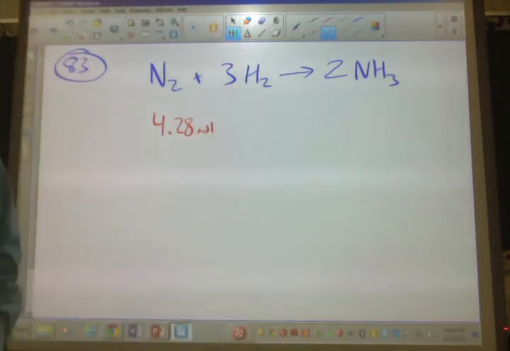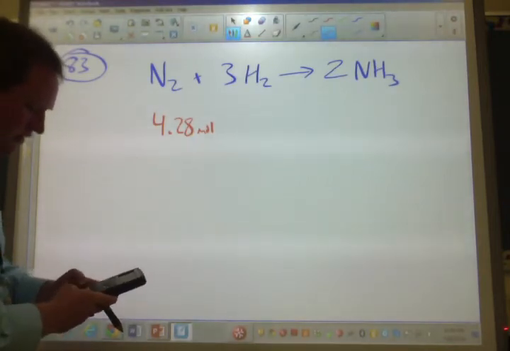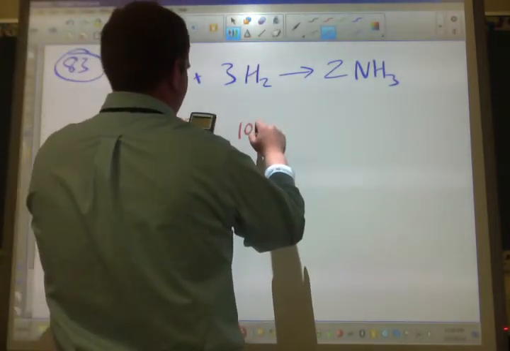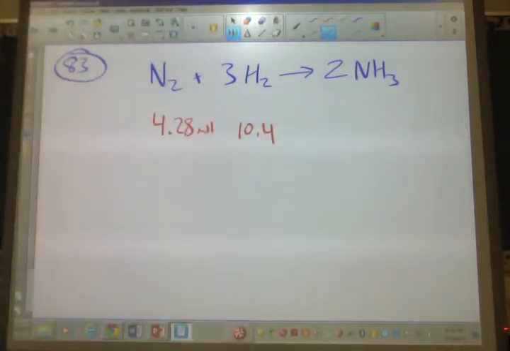For my hydrogen, I have 21 grams of hydrogen. So it's 21 divided by 2.016 gives me 10.4 with my proper sig figs.